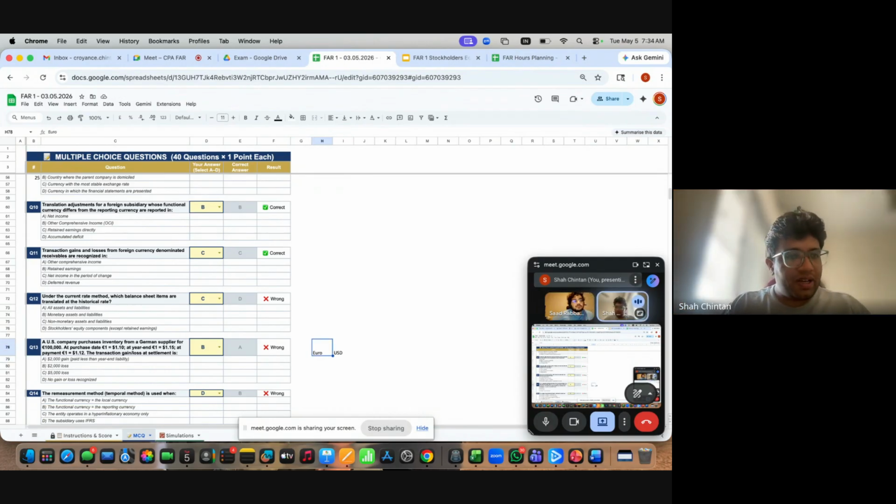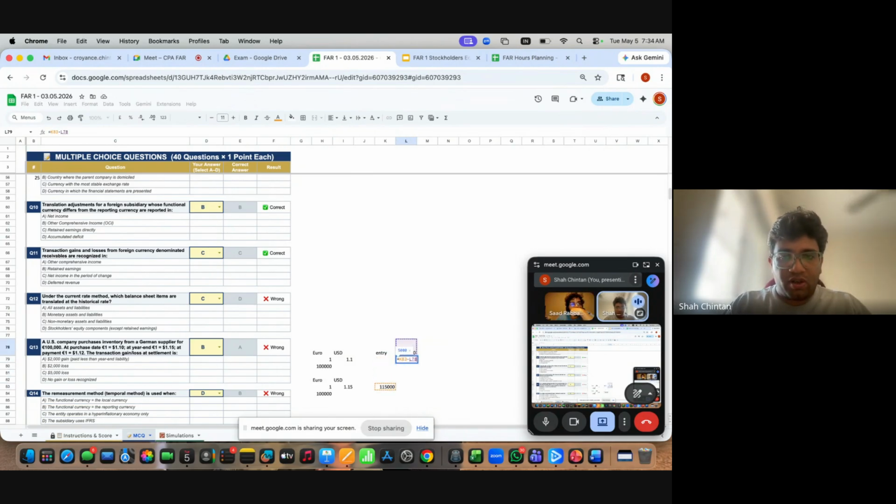Let's solve. What have we done? Euro to USD is given. On the date of the purchase, 1 euro is equal to 1.1 USD. We purchased 100,000 euro, so this is your initial entry in USD. After this, what transaction happened? At year end, it's 1.15, so your obligation has increased.